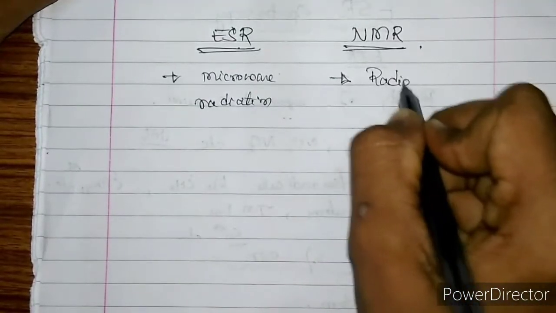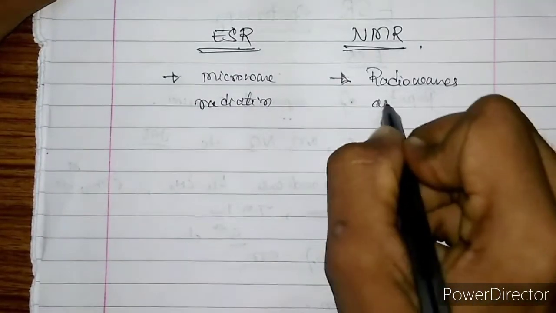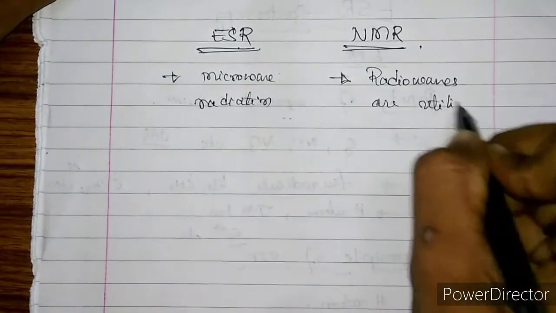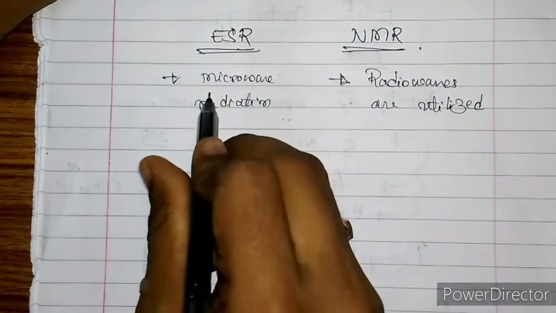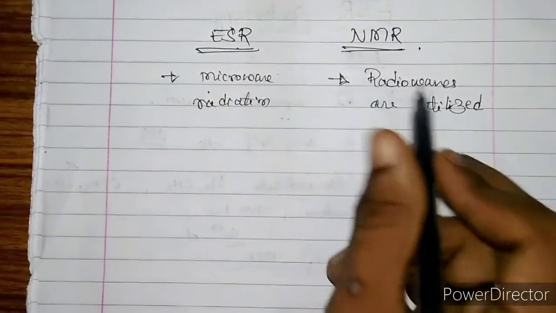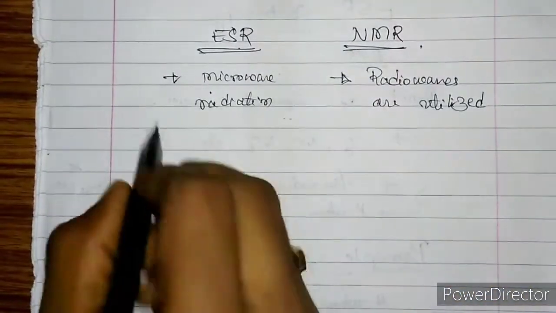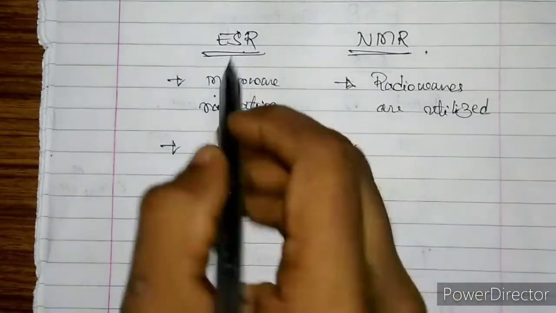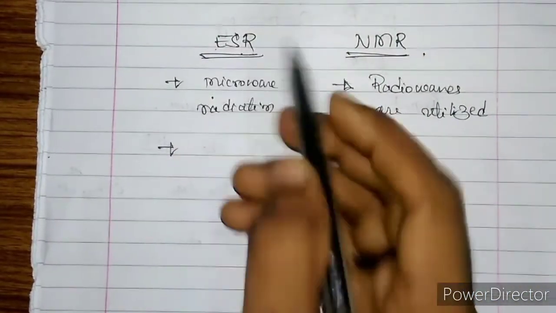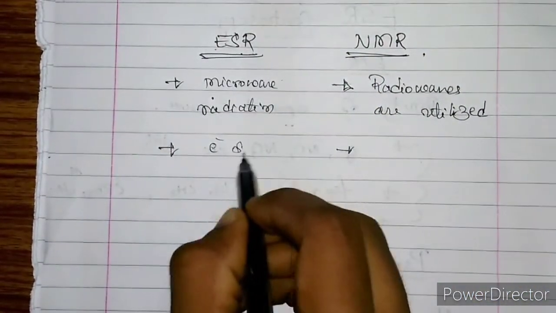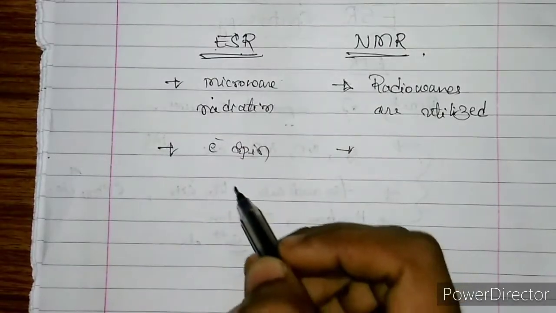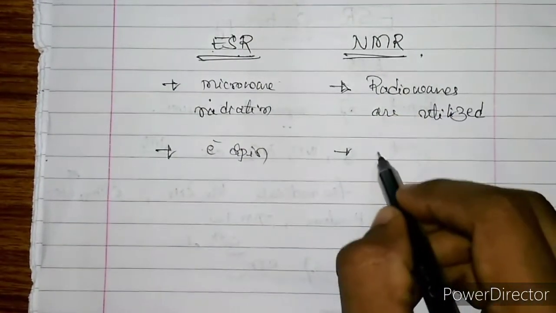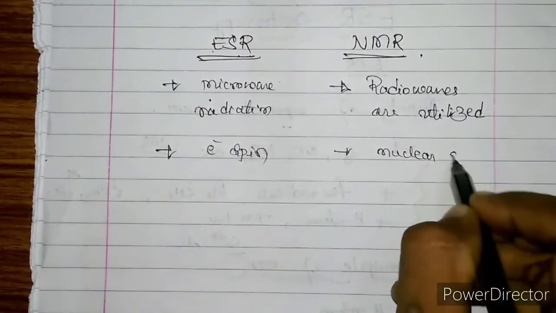Radio waves are utilized. The next main difference between these two is in case of ESR spectroscopy, we are considering the electron spin, while in case of NMR spectroscopy, we are considering a nuclear spin.